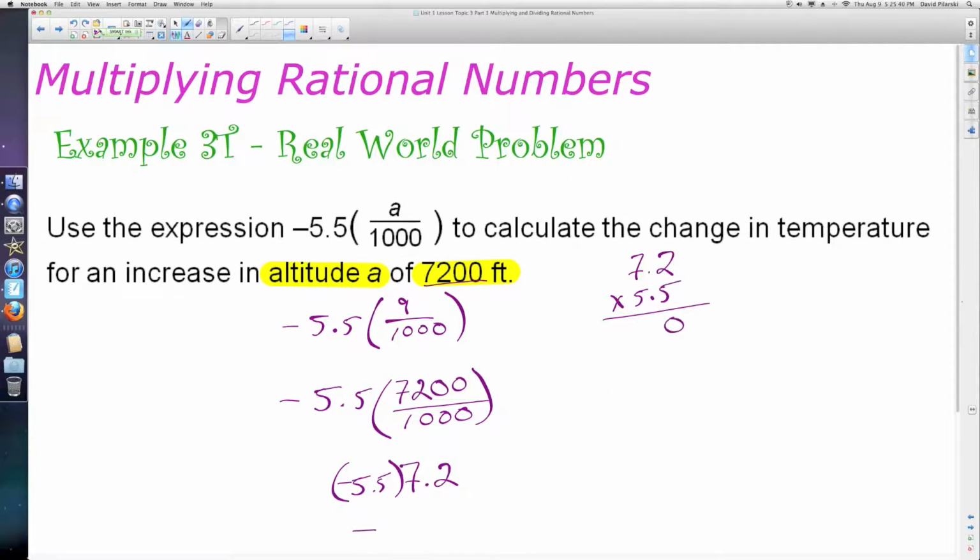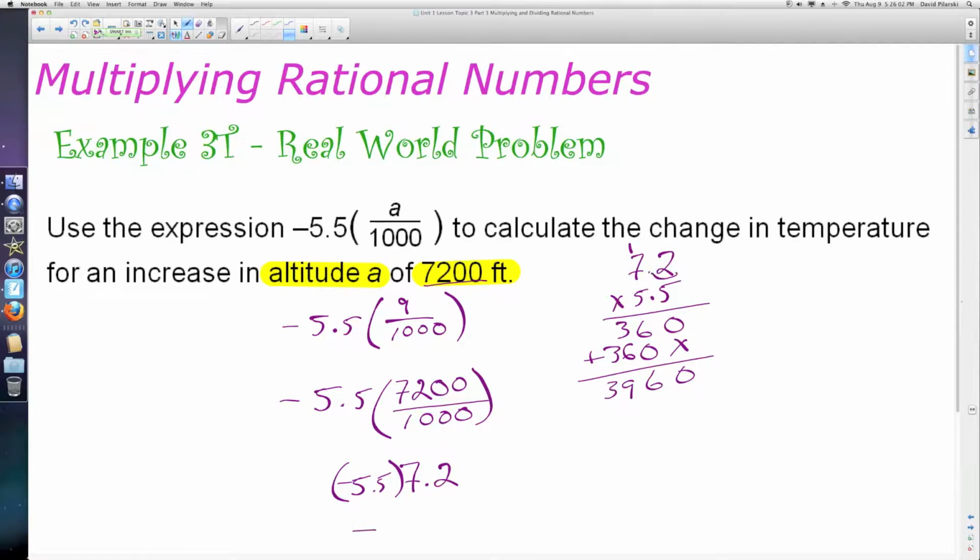5 times 2 is 10, carry the 1. 5 times 7 is 35, plus 1 is 36. I hold a place value here. 5 times 2 is 10, carry a 1. 5 times 7 is 35, plus 1 is 36. Add those two together. 0, 6 plus 3 is 9, and 3 plus nothing is 3.